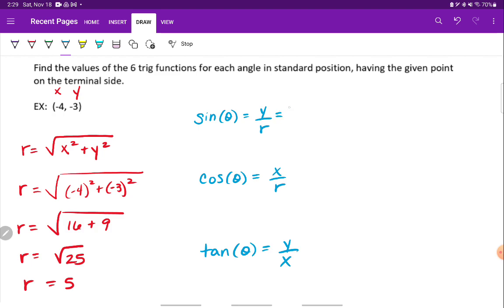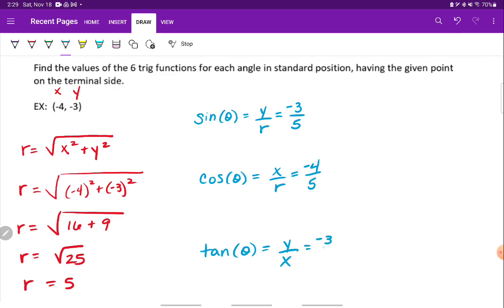So sine, that's going to be y, which is -3 over r. So sine of theta is -3/5. Cosine of theta is going to be -4 over 5. And then tangent of theta, that's y over x.